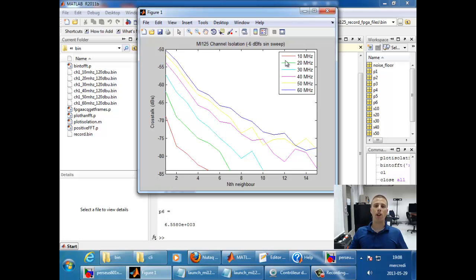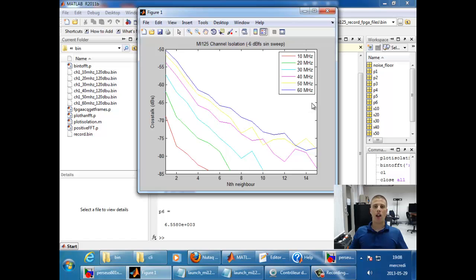So if we look again at the 10 megahertz sine wave injected into channel number 1, and look at the crosstalk for the first, second, third, fourth, and fifth neighbor, we realize that after the fifth neighbor, the crosstalk disappears, so it's completely lost underneath the noise floor.